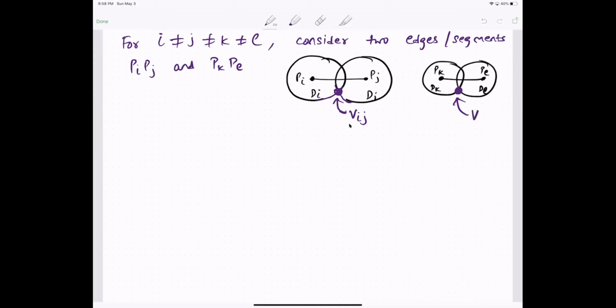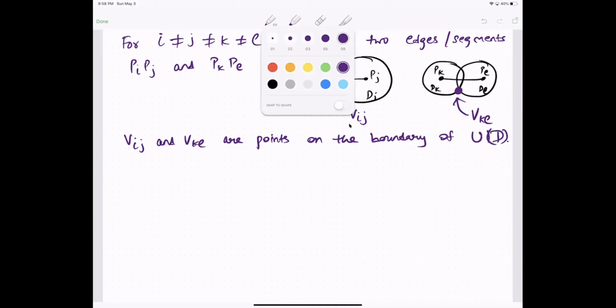So we're just labeling them. Right. So Vij, Vkl, both of them are points on the boundary of U of D. Let me just write that down.